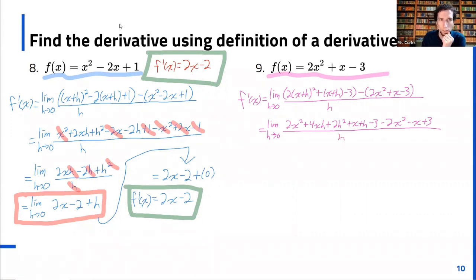And what parts of this are going to cancel out? 2x squared. Okay. x and x. 3. And the 3's.